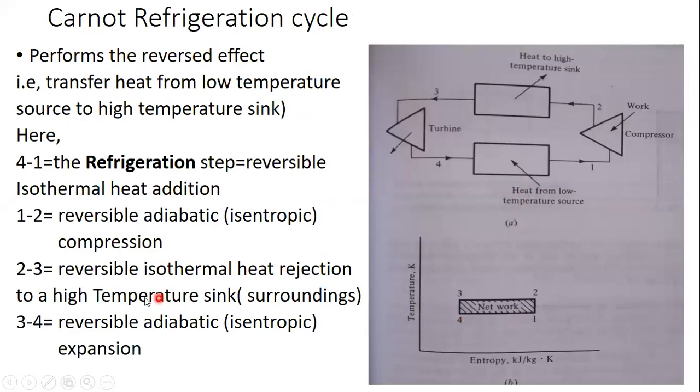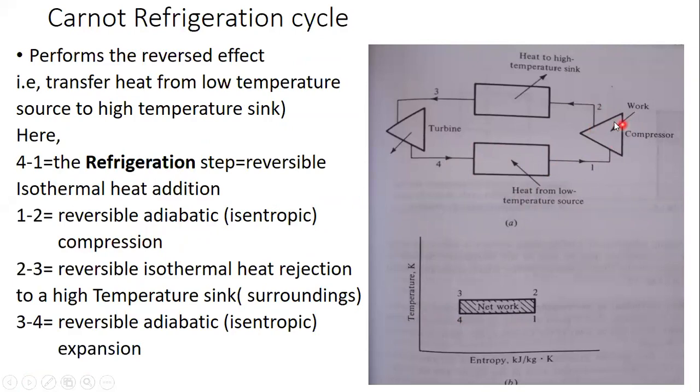It has this 4 to 1, a constant temperature heat addition process. Then immediately after this constant temperature process comes the adiabatic compression process. A constant temperature process should be a very slow process.